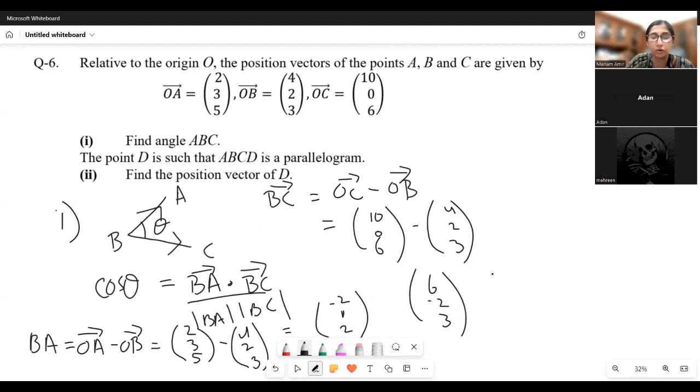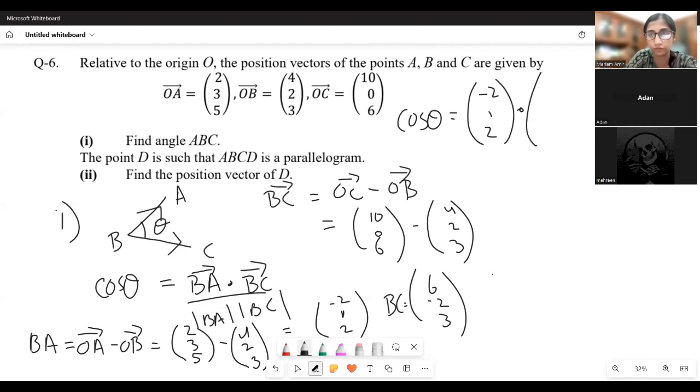So now we take the dot product and then take the magnitudes and divide.